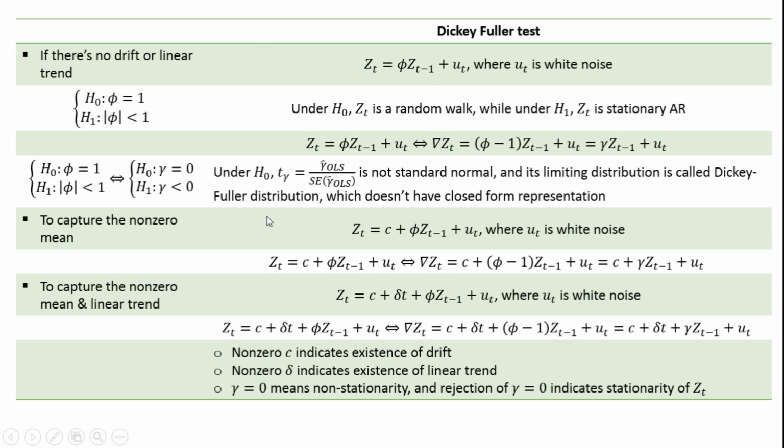So we simulate critical values of the Dickey-Fuller statistic in order to make a decision on whether or not our variable is stationary. To capture a non-zero mean, we can write this with a constant in our previous model.